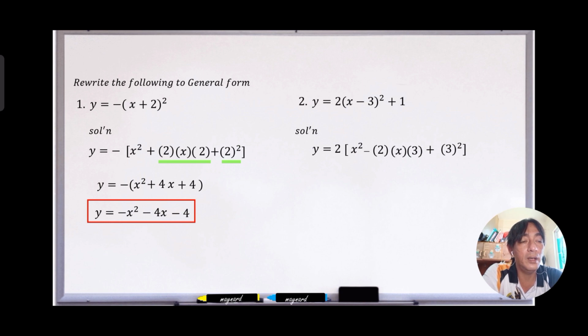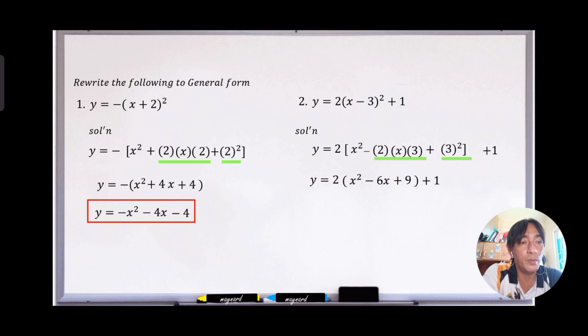And then, after the bracket, meron ka pang plus 1 outside. Okay, so now, simplify pa rin natin yung nasa loob ng bracket. So, y equals to 2. So, x squared. Okay, multiply mo yan. 2 times x times 3. So, 6x. So, minus 6x plus 9.